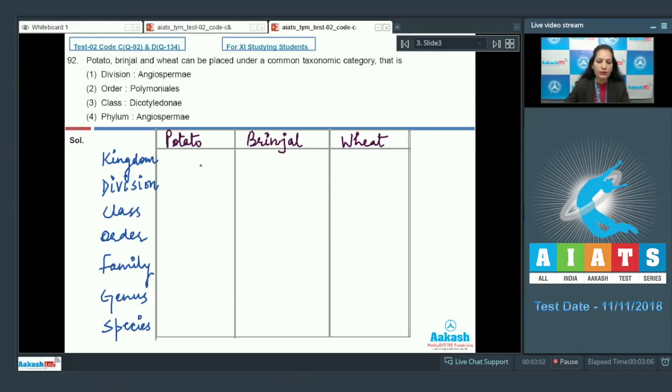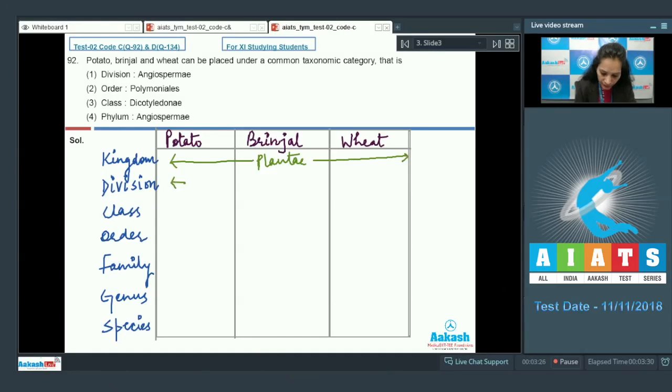Before dealing with this question, we will discuss what are the names of 7 obligate categories of these 3. So first is kingdom. Potato, brinjal and wheat, they belong to the same kingdom, that is Plantae. So all these belong to the same kingdom, Plantae.